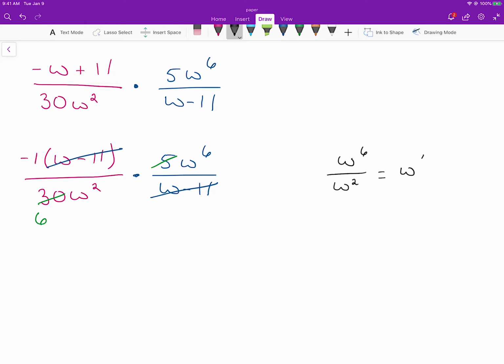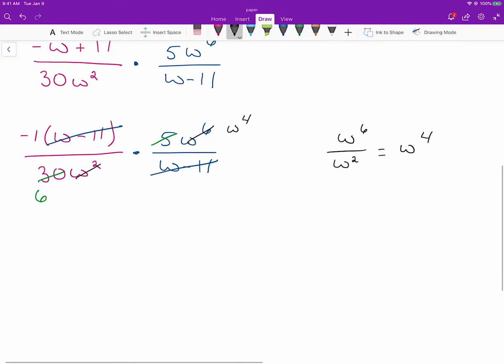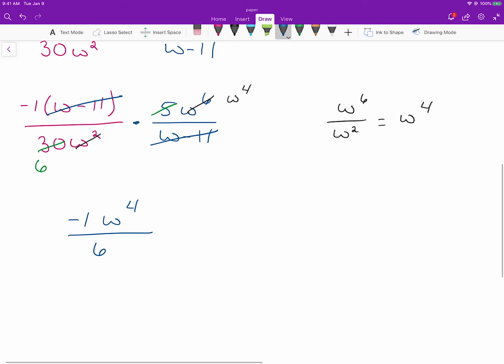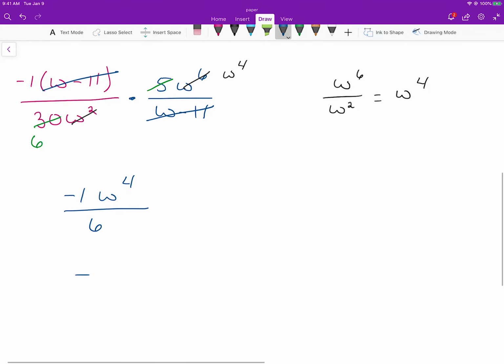So we'll be left with w to the fourth. So now I have negative 1 w to the fourth over 6. Or you could just leave it as negative w to the fourth over 6. And that's as simplified as this problem can get.